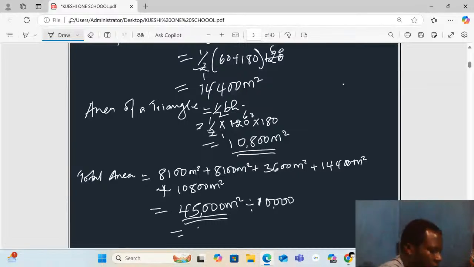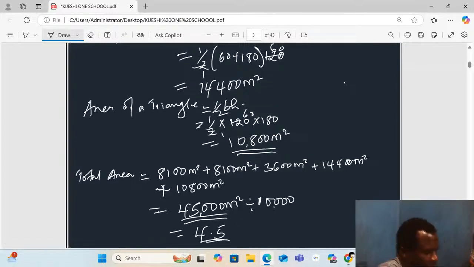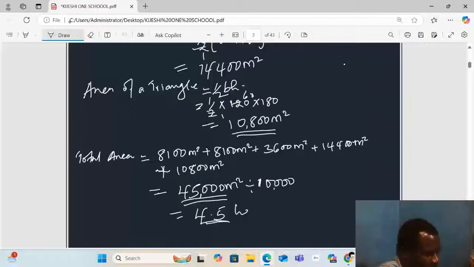And in hectares, we shall have 4.5 hectares.